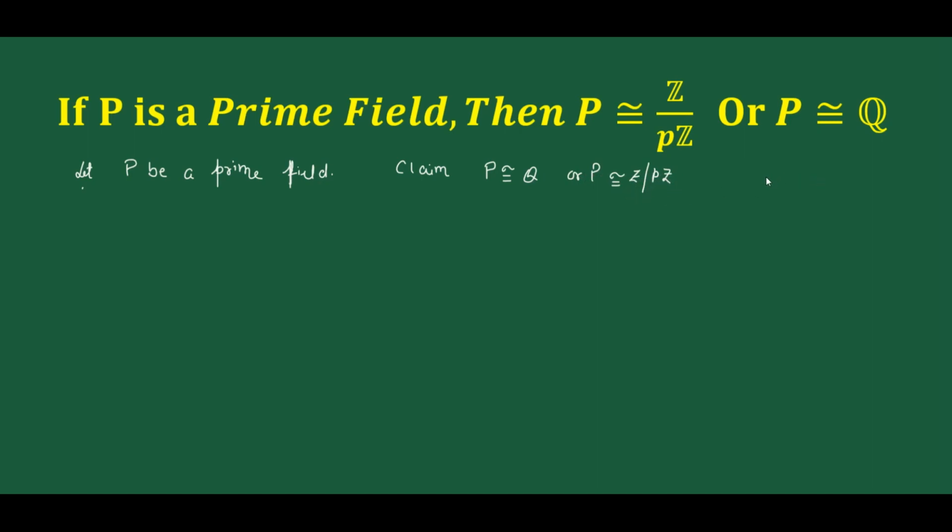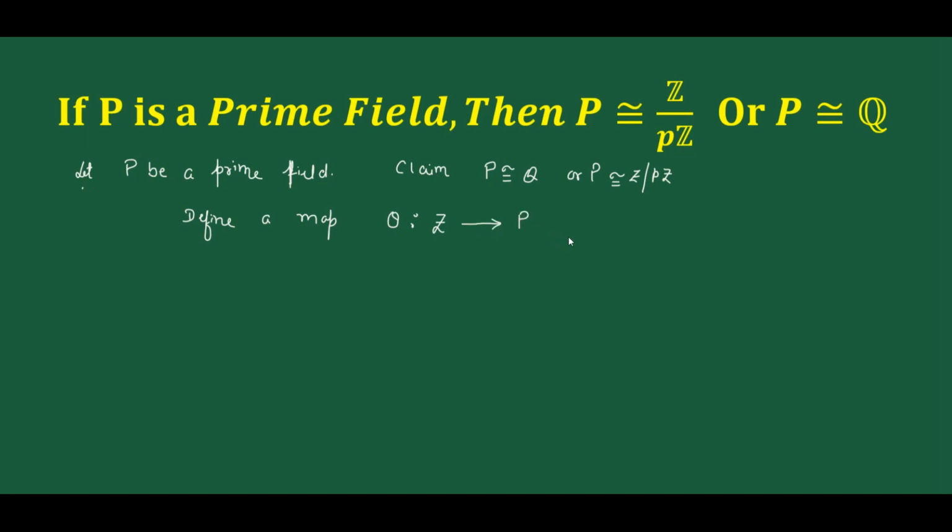Okay, so what we will do, we will define a map θ from the set of integers, the ring of integers, to P. So how will you define it?